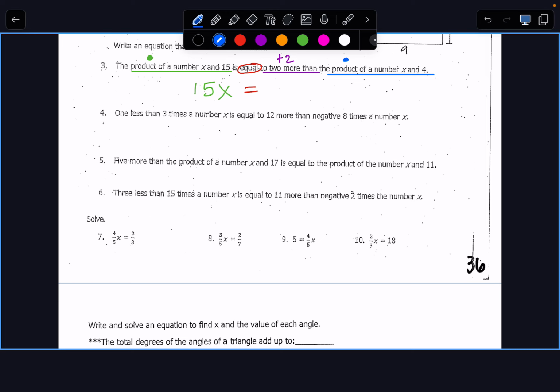Okay? So 2 more than the product of a number and 4 means we're going to take 2 more than 4x. Why did I write it like that? Does it bother you that I wrote it like that? 2 plus 4x and 4x plus 2 mean the same thing, so it's okay either way.